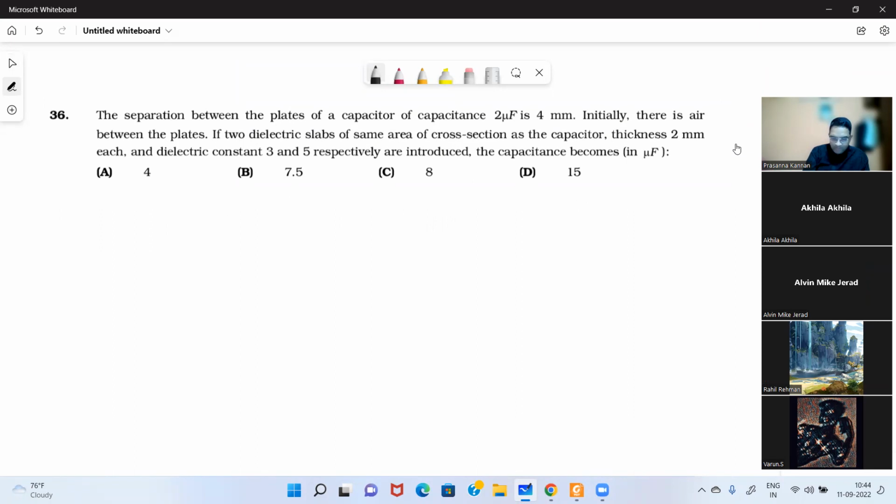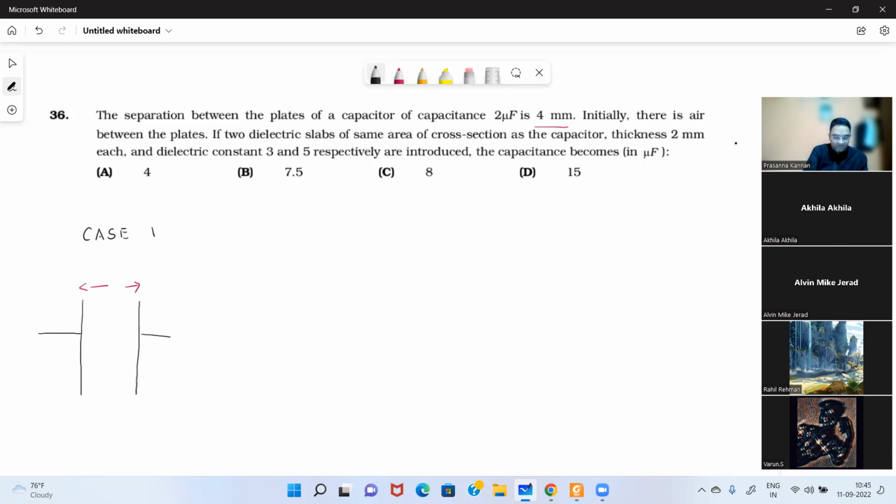So the separation between the plates of a capacitor of capacitance 2 microfarad is 4 millimeters. Case 1, or you can say initially, simply the capacitor is there. What is the distance between the plates of the capacitor? Given in the question, it is 4 millimeter.